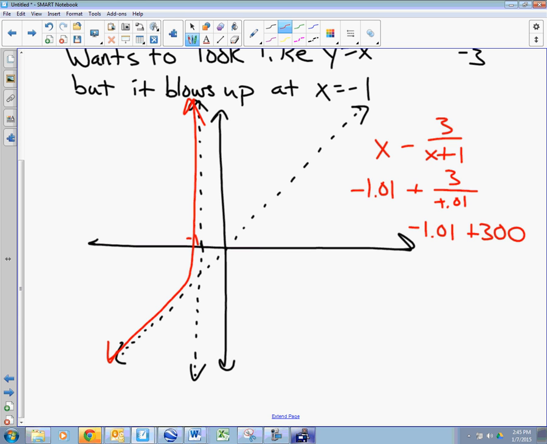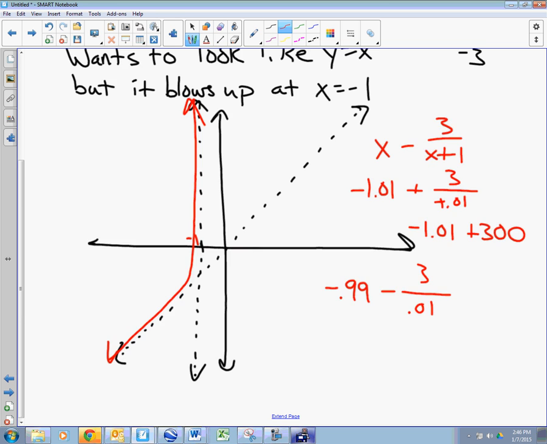What is a value really close to -1 from the other side that we could plug in? That's not quite -1. -0.99. So -0.99 minus 3 over, what's -0.99 plus 1? 0.01.